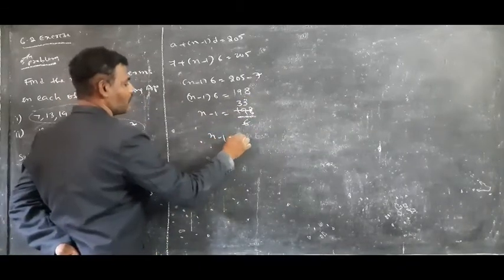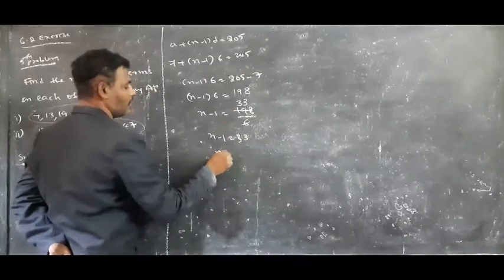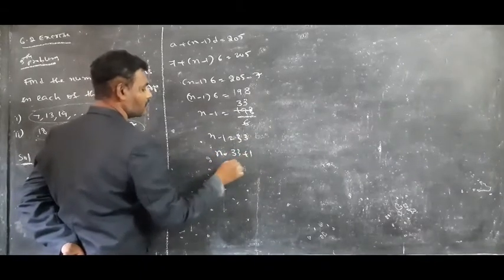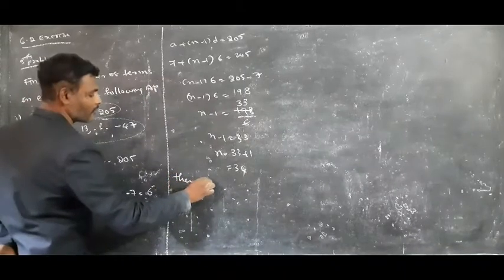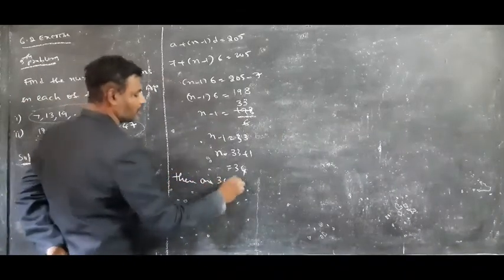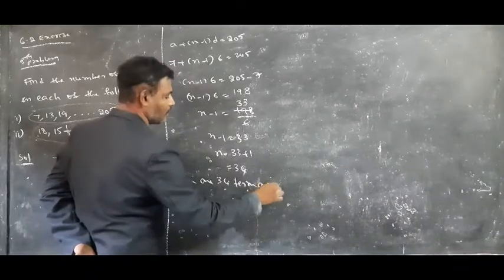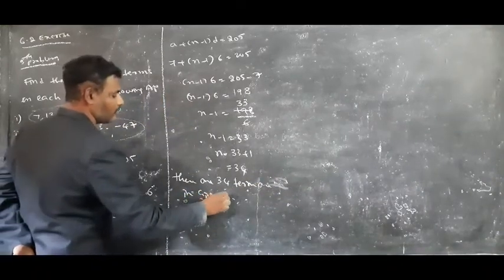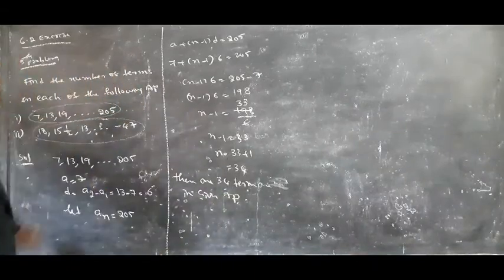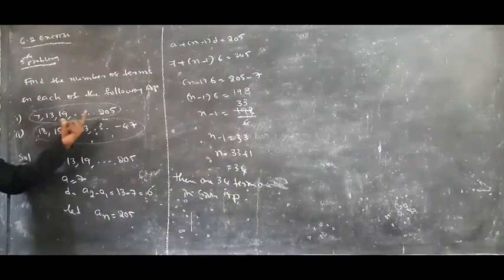So n - 1 = 33. n = 33 + 1 = 34. There are 34 terms in the given AP. So this AP contains 34 terms.